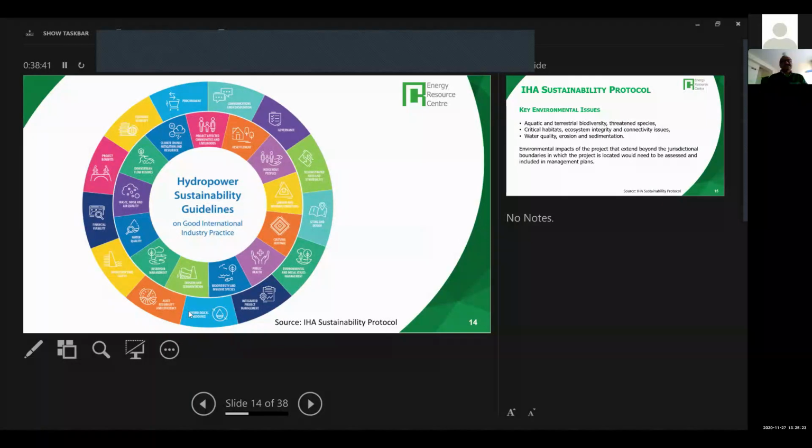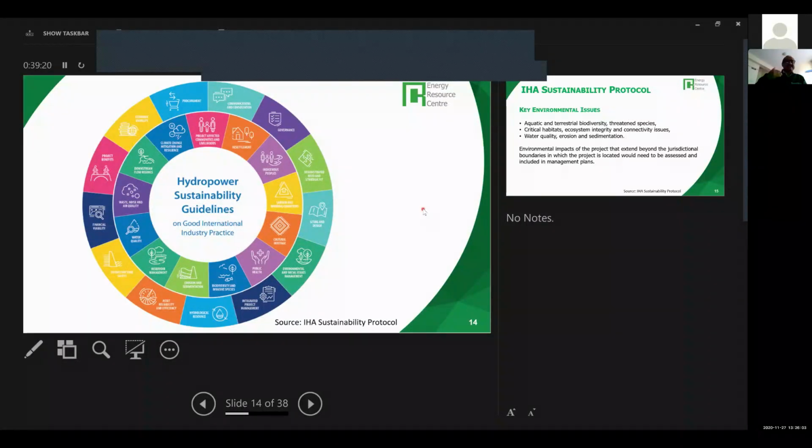Now I would like to tell you, these were the impacts and the community linkages, and we talked about the controversies that hydropower projects face. So the International Hydropower Association has come up with a protocol, a sustainability guideline based on various factors.